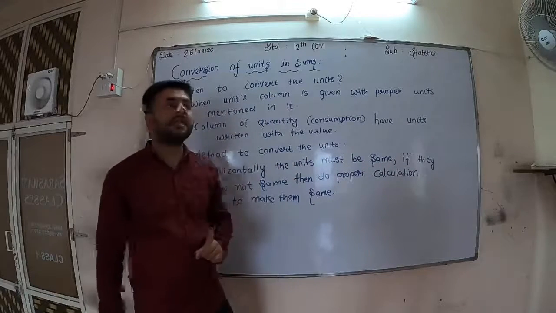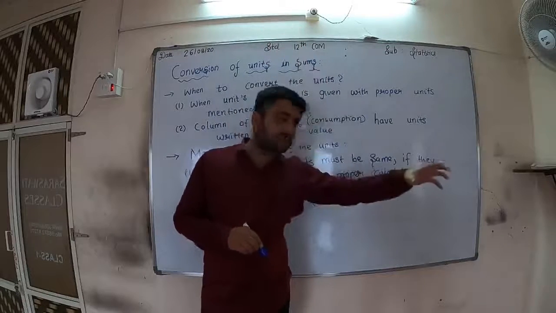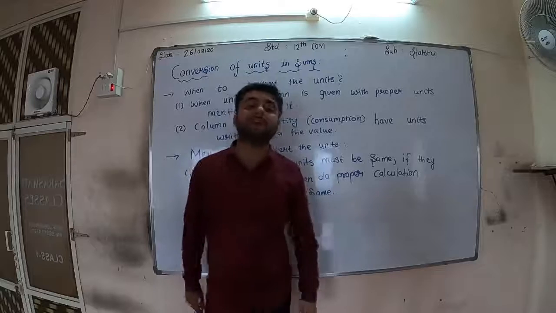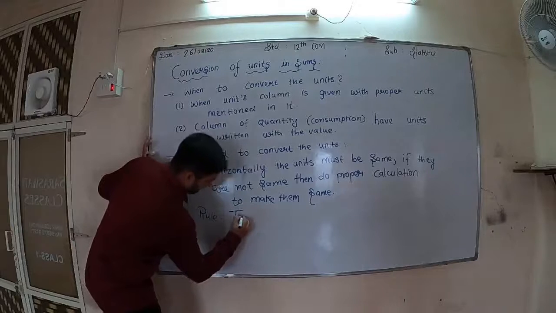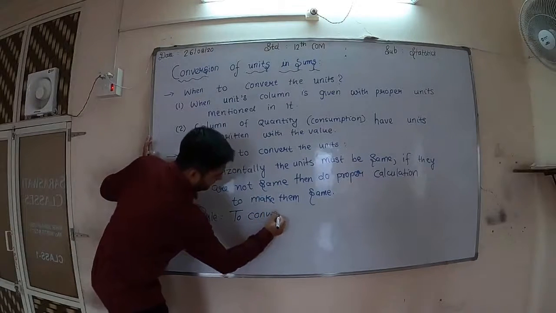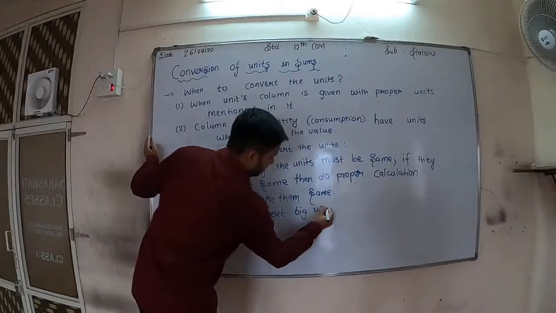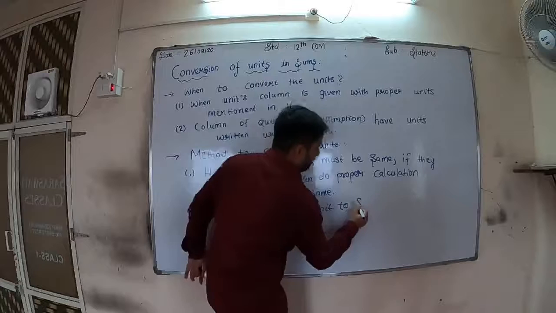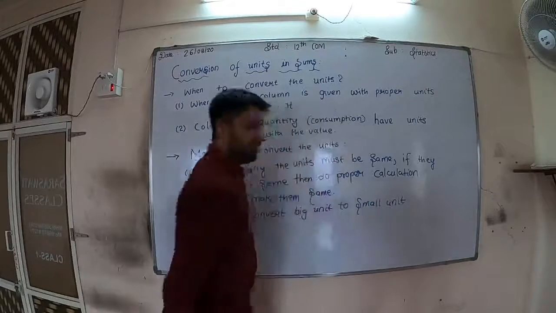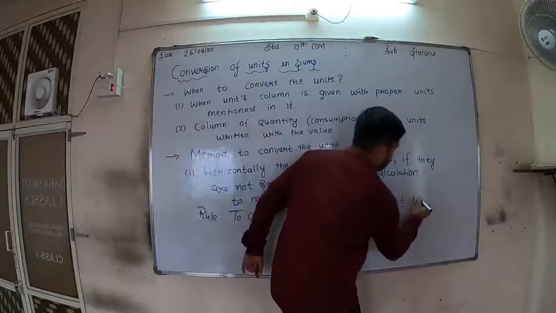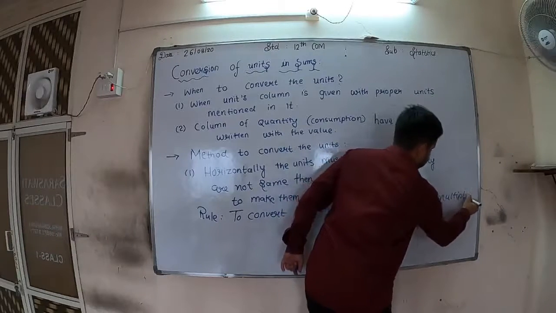Again, I am repeating. If you need to convert a big unit to a small unit, then what should you do? You should multiply. To convert big unit to small unit, then multiply.